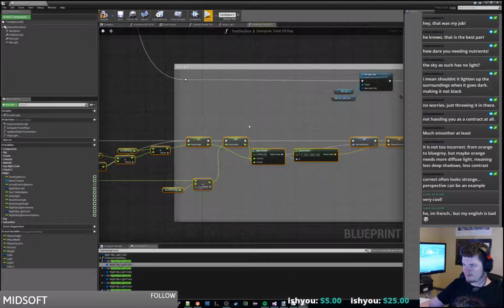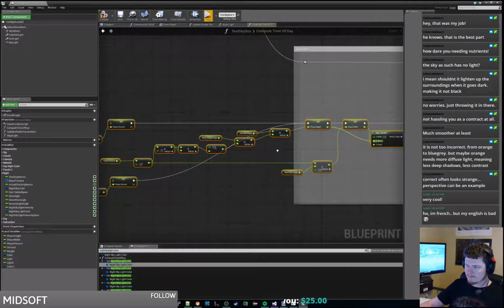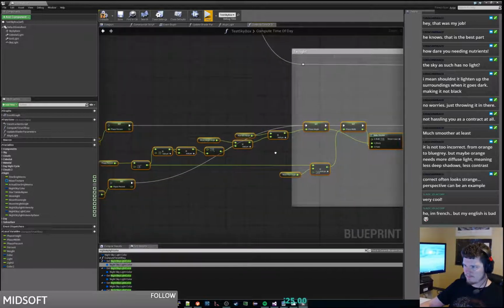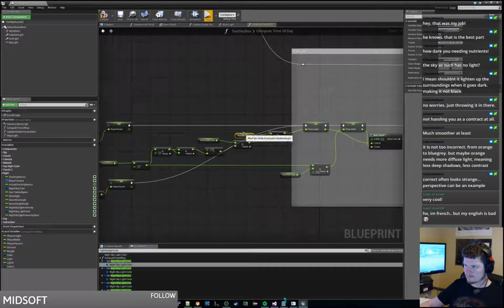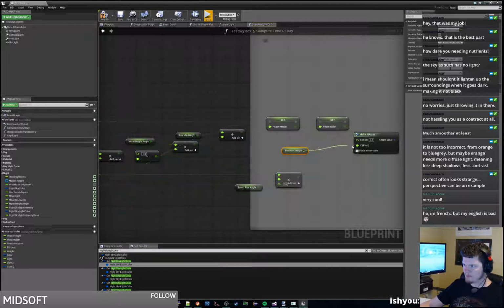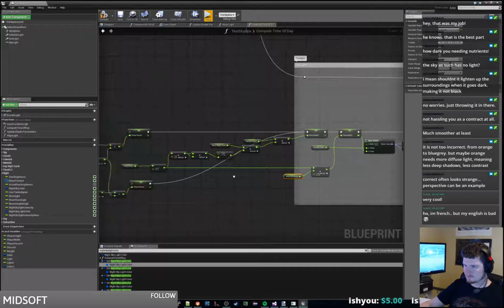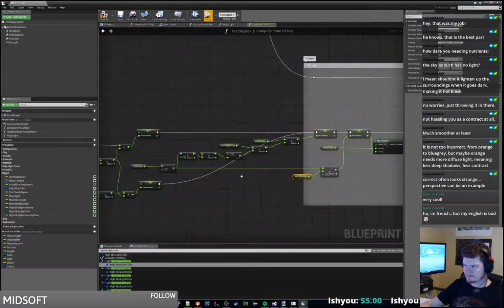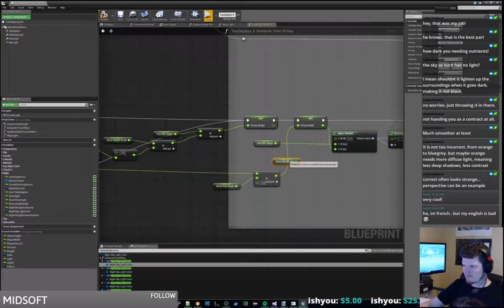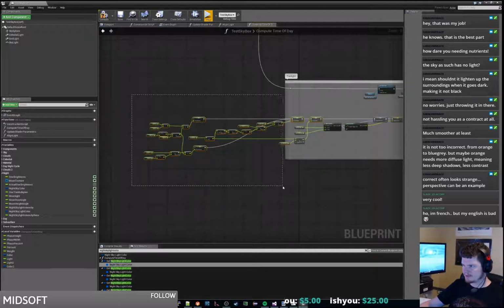Phase height, phase width. So I think those are the things that we actually have to set. Nothing else.